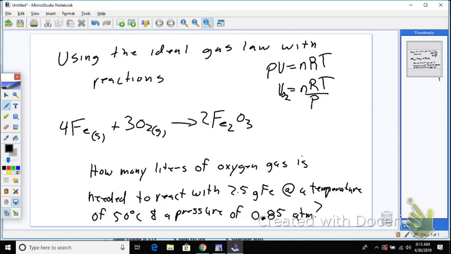So what do we know? We know the pressure, right? P is equal to 0.85 atmospheres. We know the T is 50 degrees Celsius, but we want to make it Kelvin, so that would be 273 plus 50, which is 323.